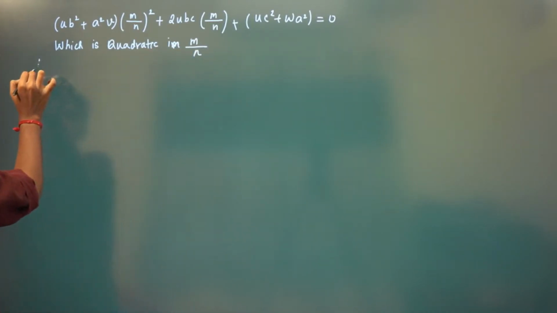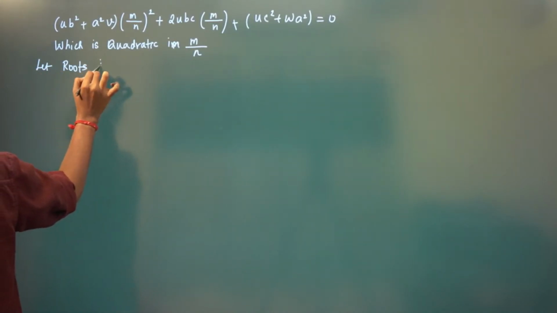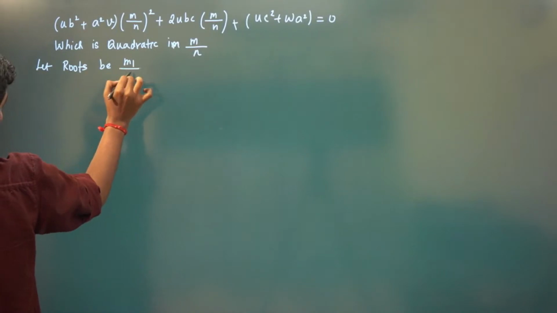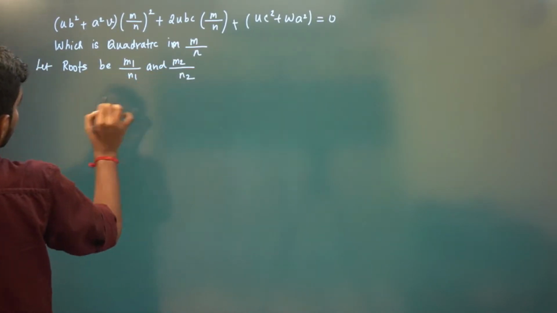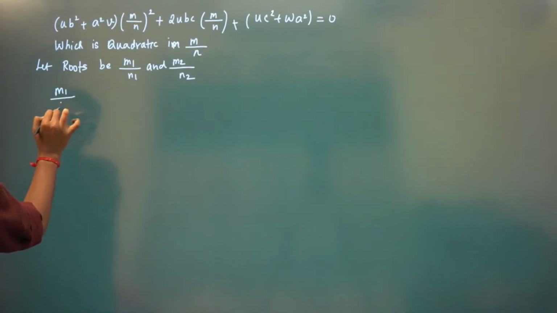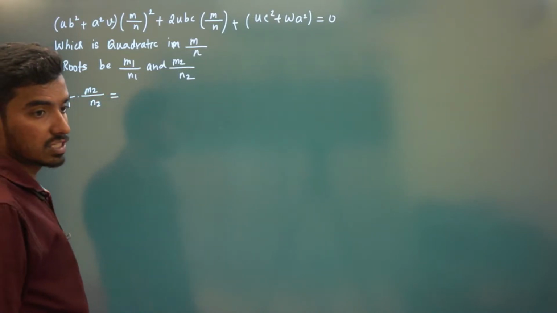So let the roots be m1 by n1, m2 by n2. Now what about the product of roots? m1 by n1 into m2 by n2. So the product of roots is c by a.